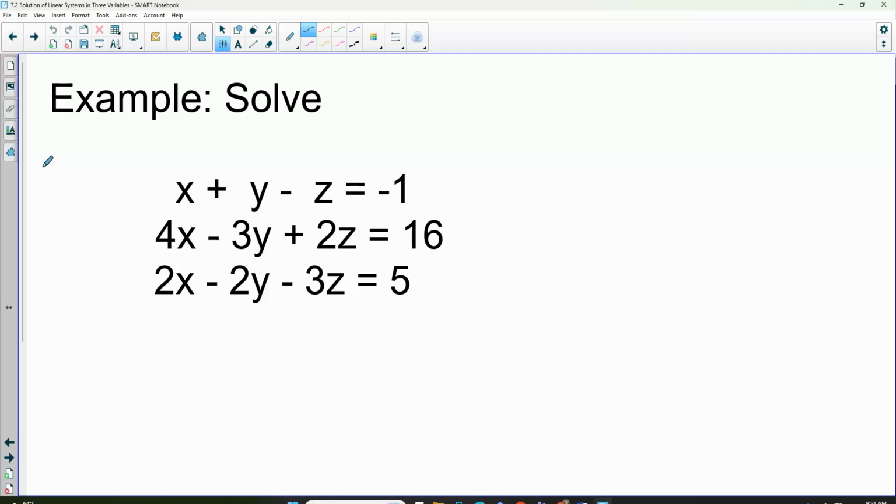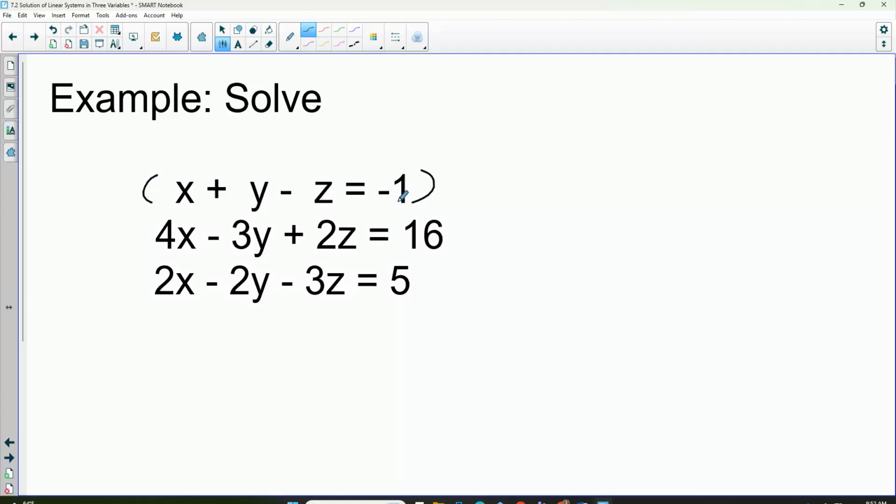So give me, which 2 equations do you want to start with? First 2, sounds like a great option. If you pick the first 2, which variable do you want to eliminate? Z? Okay. So if I'm taking the first 2 equations, if I want to eliminate Z, what would I do?